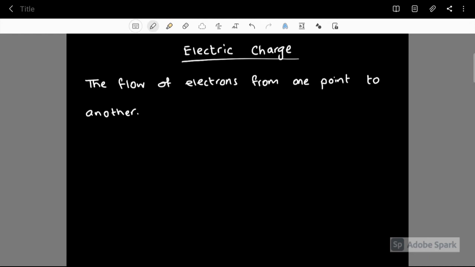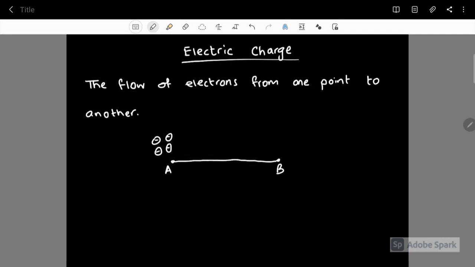Now, if you have a point A, a point B and some sort of a conductive path, say a copper wire, and if you have a bunch of electrons in point A and they were to move towards this point B, then we say we have electric charge. This electric charge is always measured in coulombs. Coulombs. And the symbol is C.